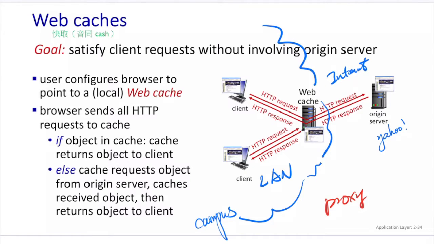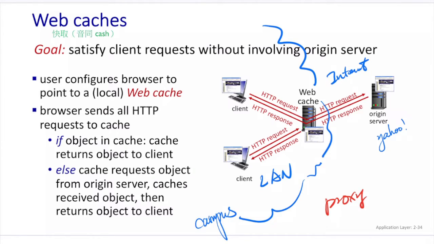So it will access the LAN and go to the internet by using the access link, route in the internet, and get the pages from the Yahoo web server, right? But how many students are there in the campus or in the dorm? There may be thousands, right?